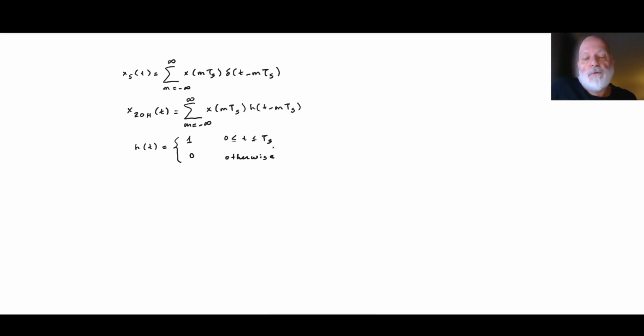Now we ask the following question: can we obtain x ZOH of t from xs of t by means of a certain operation?